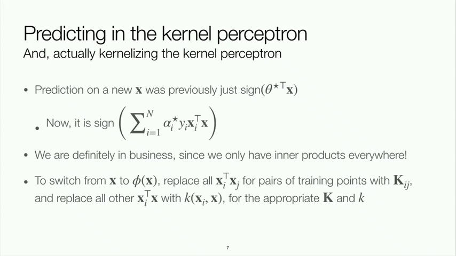And whenever I have to predict on a new point, xi transpose x, I just replace that with my kernel function, K of xi and x. As long as I define that kernel matrix and kernel function appropriately such that it corresponds to the featureization that I want, then I'm all done. Because I've written my perceptron in this new way, learning alpha instead of theta, I'm able to kernelize the whole thing. And that's nice: I'm learning a linear model, but now I can work with more expressive nonlinear feature representations.